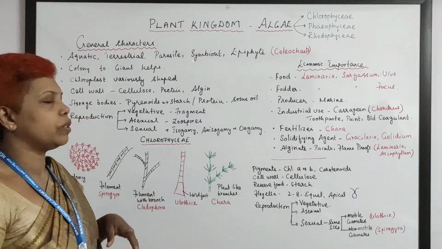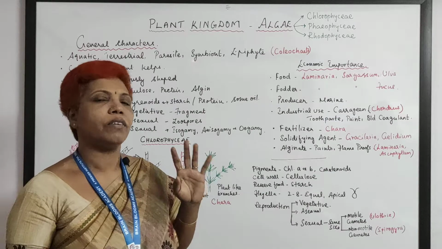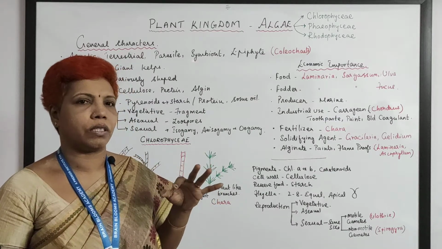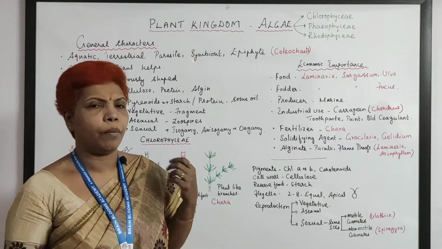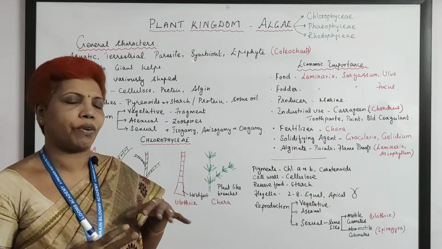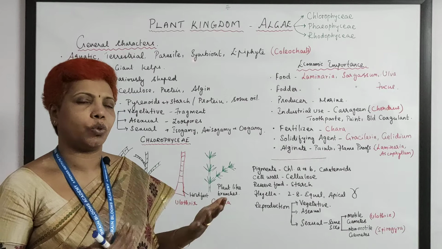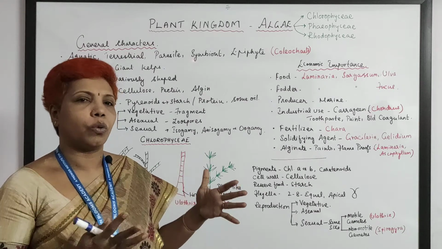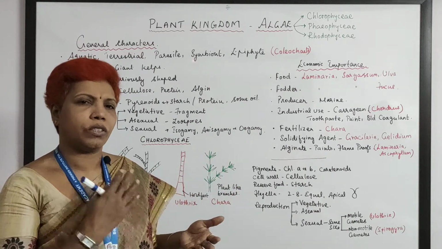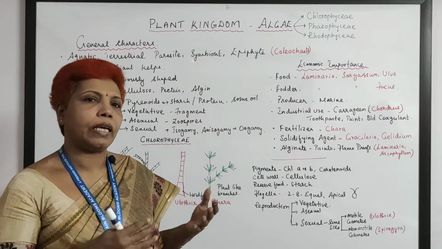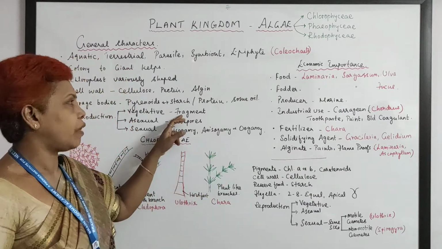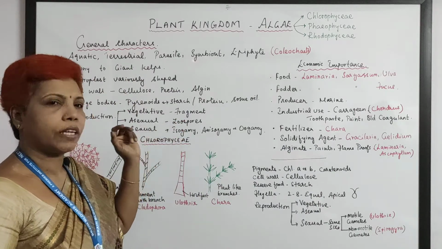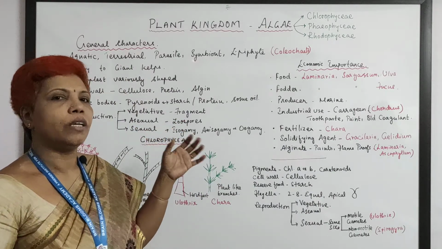When you talk about reproduction, they have all three modes as we discussed for other categories: vegetative, asexual, and sexual. Vegetative here means fragmentation, because in high tide or low tide zones, they come across animals and get cut, and then each cut portion becomes a new plant. That's called fragmentation. Asexual spores are generally zoospores.